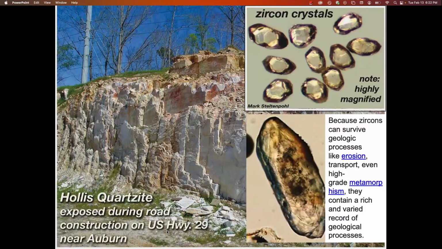So geologists can go into sandstone, for example, or this metamorphosed sandstone like quartzite, and there are zircon crystals in this rock in Alabama near Birmingham that were formed way older than this rock itself. So the Hollis quartzite formed about 300 or 400 million years ago as Pangea was forming.